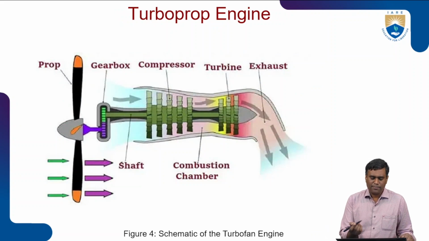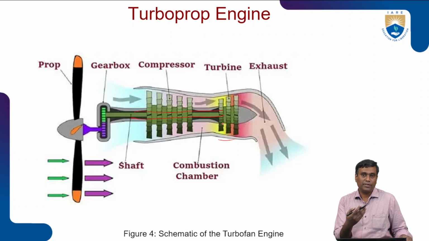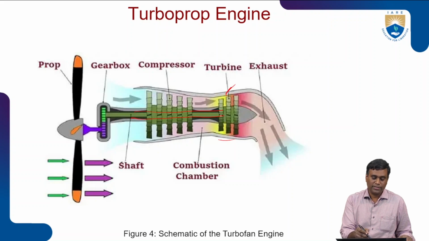The gas generator remains the same. The gas generator components remain the same, that is compressor, combustion chamber, then turbine blades or turbines, right? And here, through the shaft, whatever energy is extracted by the turbine, that energy will be converted to mechanical energy, and then that will be supplied through the shaft to the propellers here.